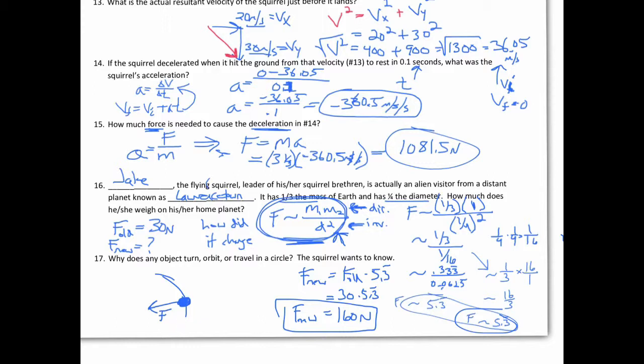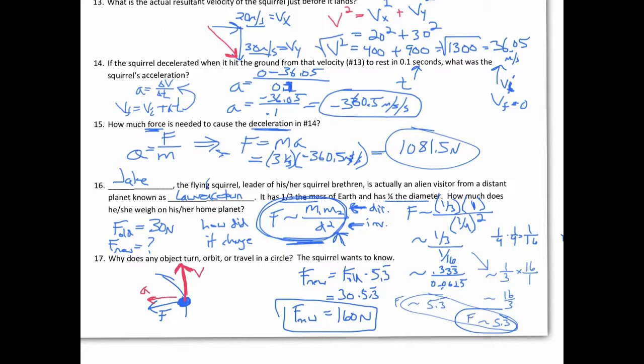The force still needs to be turning inward, or pulling inward. The velocity, though, is going to be tangent to that circle, always straight forward. The acceleration, though, is always in the same direction as the force. The force causes that acceleration.